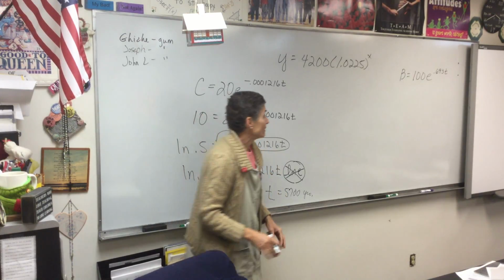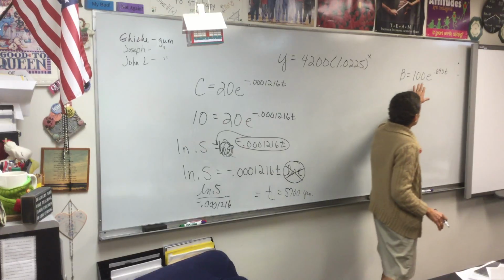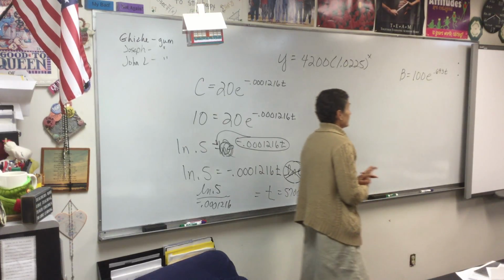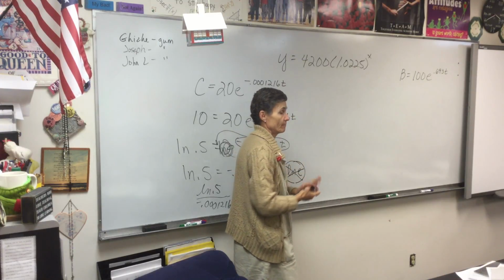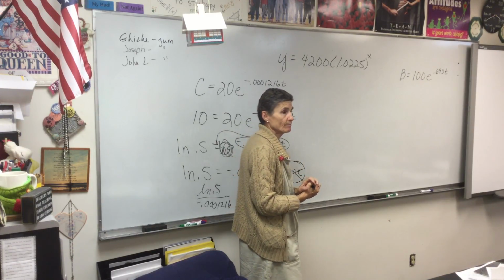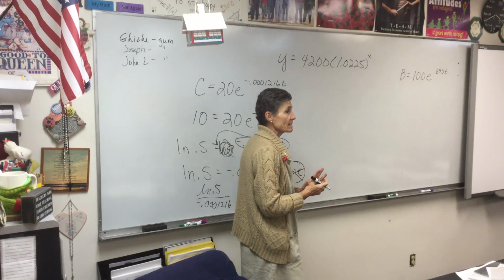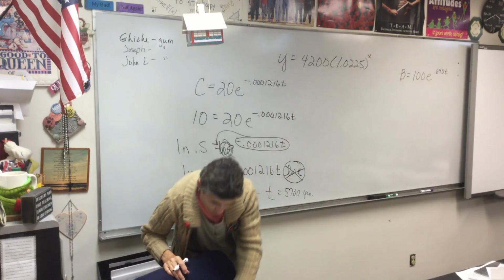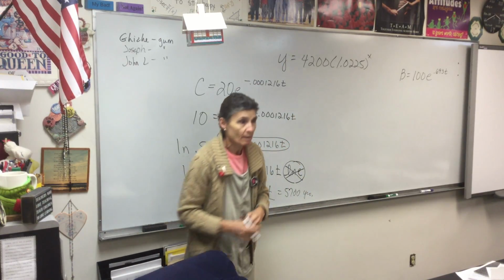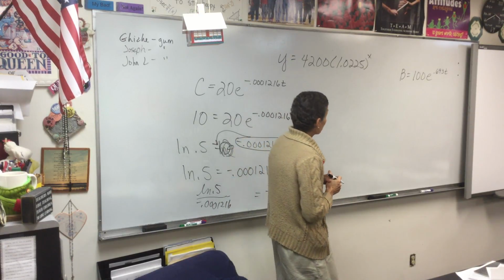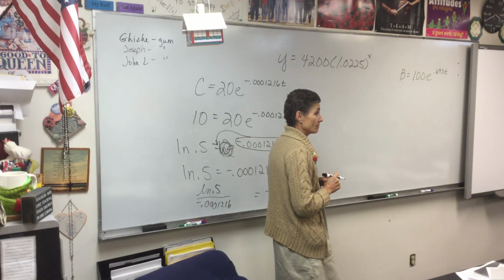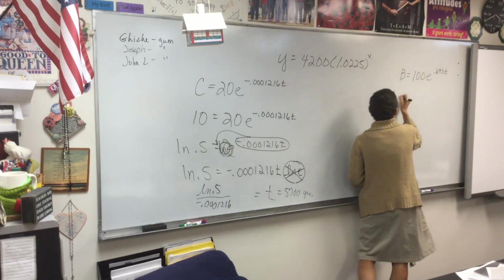This is giving me the number of bacteria at time t. I don't have to write my own equation. What's that 100? That's how many I'm starting with. So the question says, when will the number of bacteria be 200? So where am I going to put the 200? B. I want this to be 200.